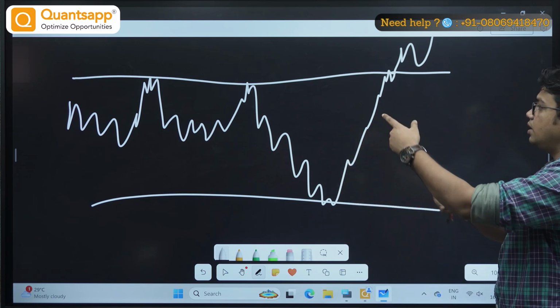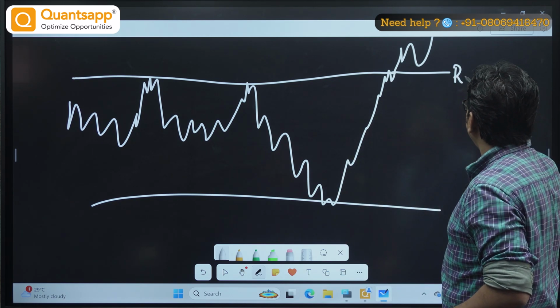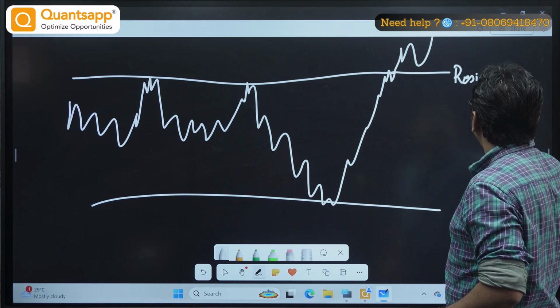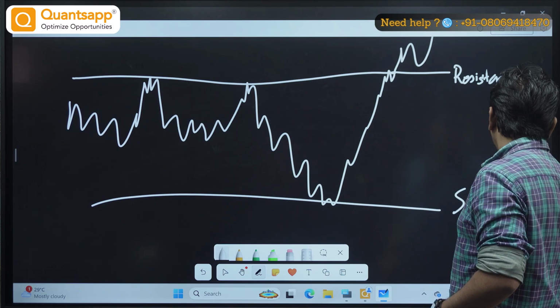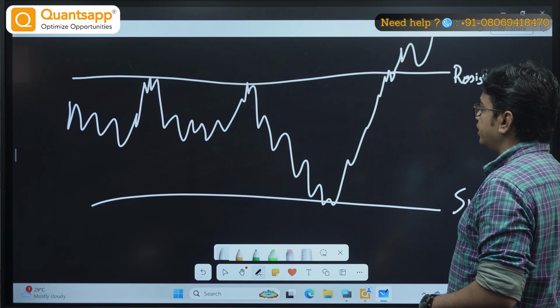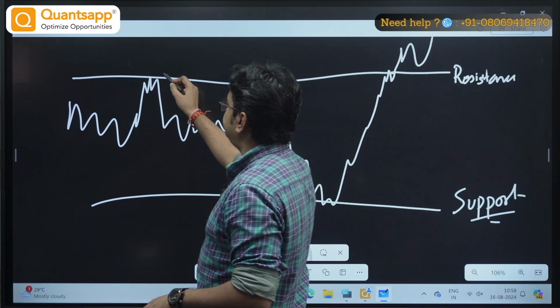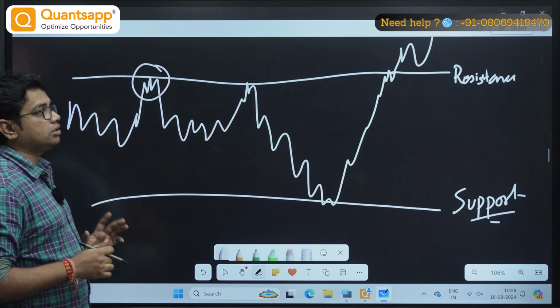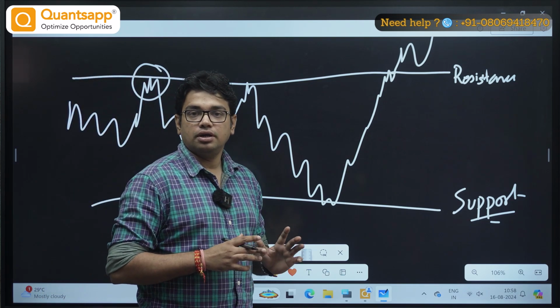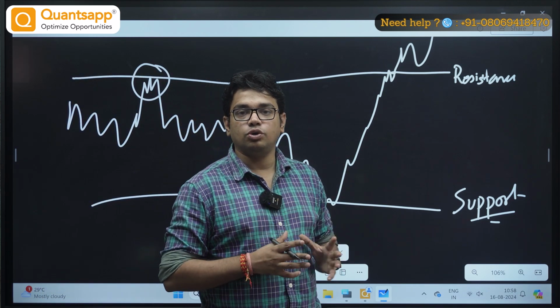Now the upper level will be known as resistance, and the level below will be known as support. Here at this particular level, we are totally going with the data. We are not going with patterns or candlestick patterns.